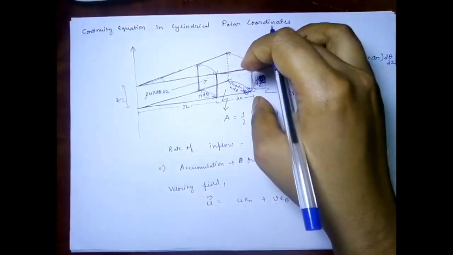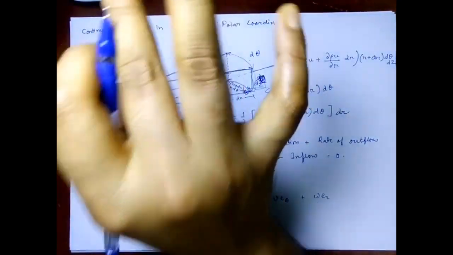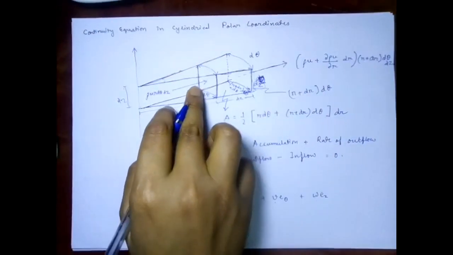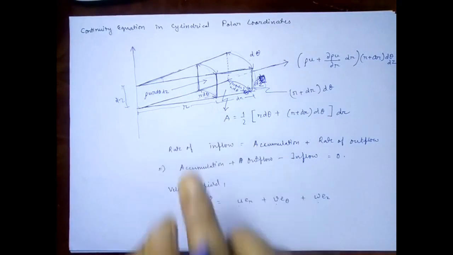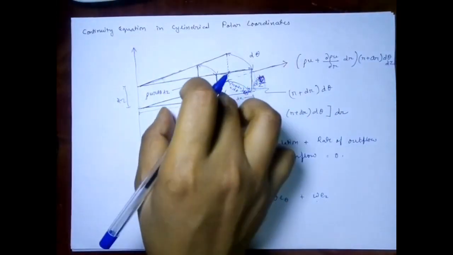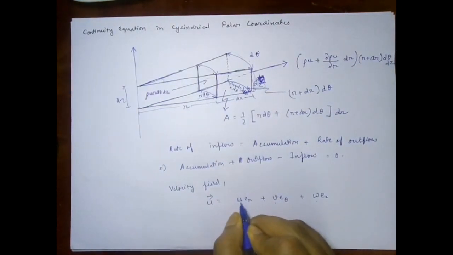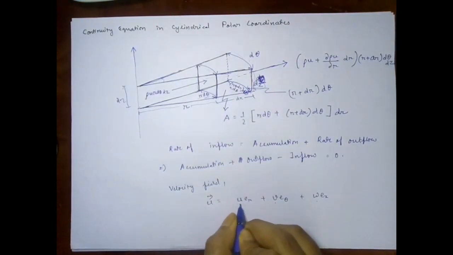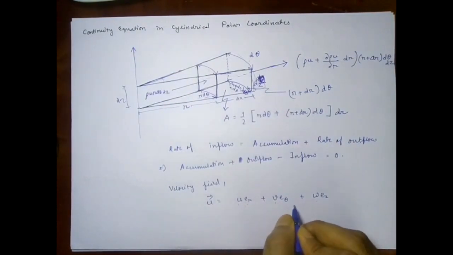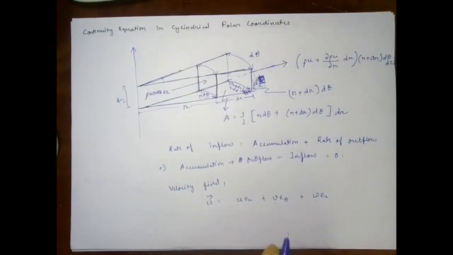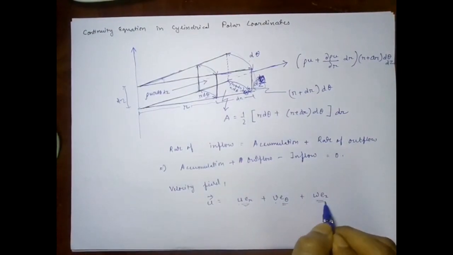But here we have z in the z direction, theta in the place of the y direction, and r in the place of the x direction. So these are the components in the r direction, theta direction and z direction respectively. This was the velocity field that we defined.